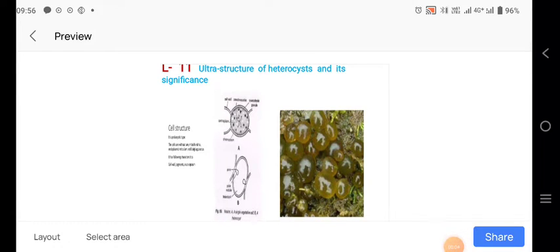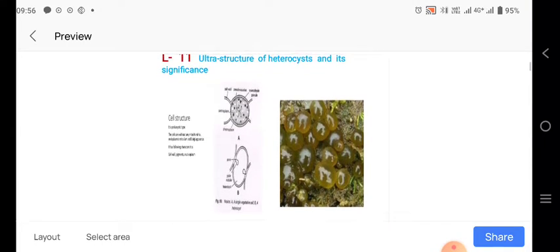So, our next part of the cyanophyta is the heterocyst and its significance. Here you are observing a good photograph of the Nostoc balls, which is the most important genus in the cyanophyta, and it shows the formation of the heterocyst, right?